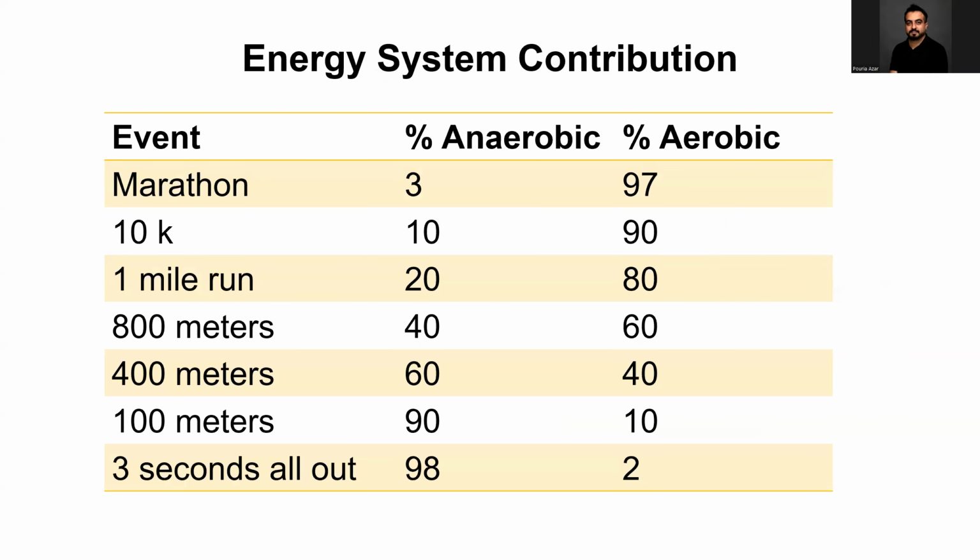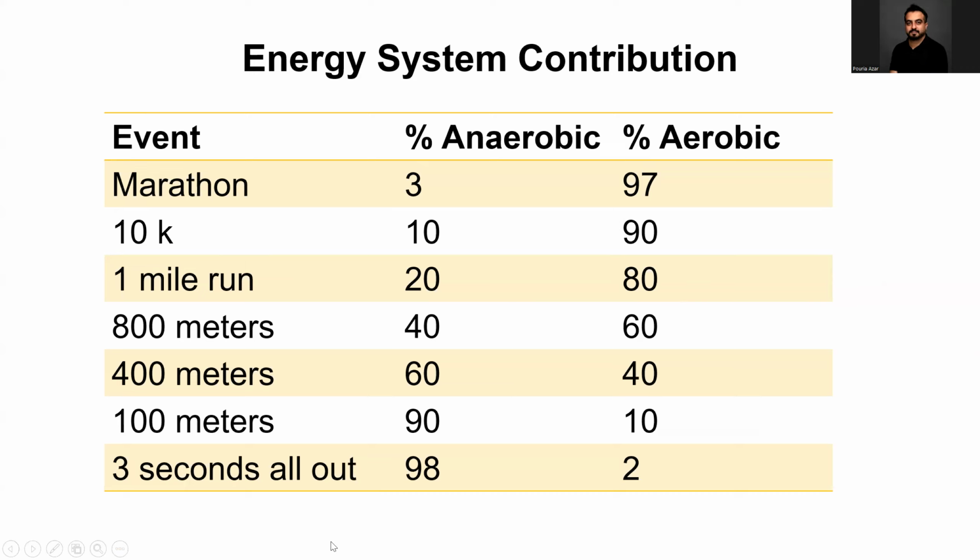So here is the energy system contribution. For example, for marathon runners, the athletes use 97% aerobic. Aerobic is the oxidative phosphorylation. We have 3% anaerobic, which can be creatine phosphate and anaerobic glycolysis.